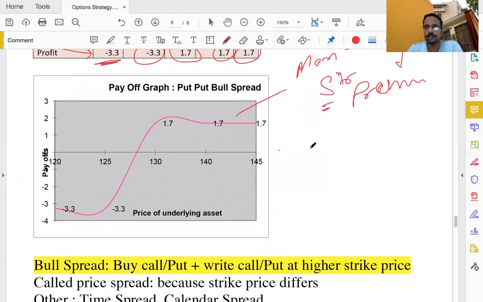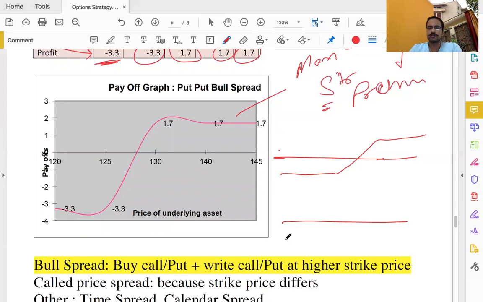So if you are using a call strategy, buy a call option at a lower strike price, sell or write a call option at a higher strike price, the payoff diagram will be like this. In case of put bull strategy, where again you are buying a put option at a lower strike price and selling a put option at a higher strike price, this is the same.